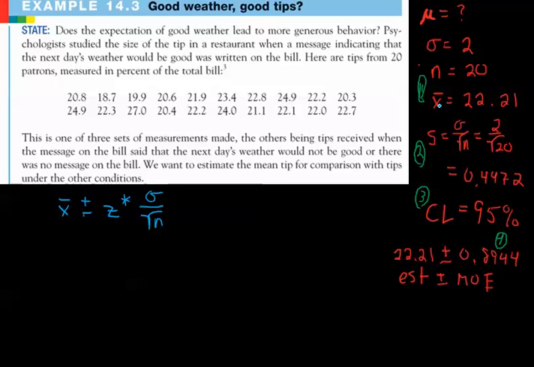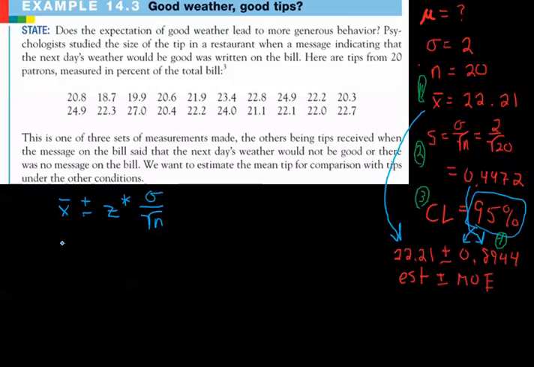This is really just building in all of the steps that we've had so far. So taking our mean, which comes directly down, becomes our estimate. The z statistic comes from our 95%, and using that times our standard deviation gives us this 0.8944. So really, like I said, this is now just combining all of these steps into one formula.